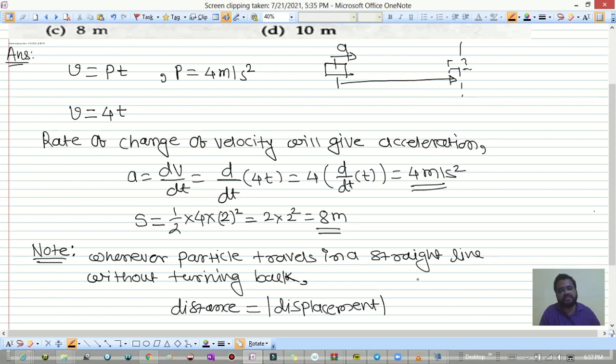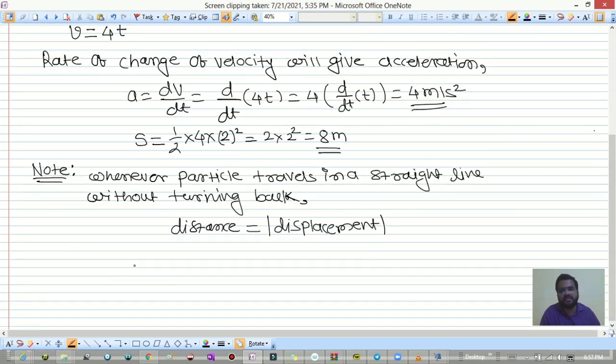Do remember this, right? Why? Because if a particle is moving in a straight line and without turning back, it indicates whatever distance is there, that is exactly equal to the magnitude of the displacement, isn't it?